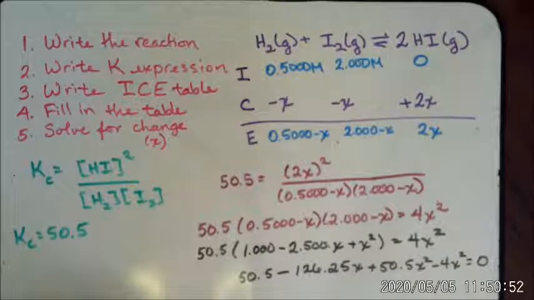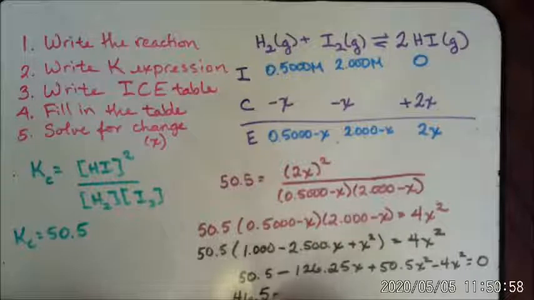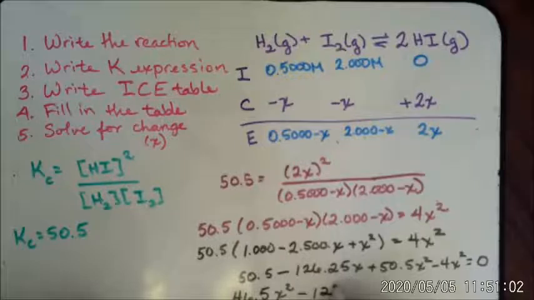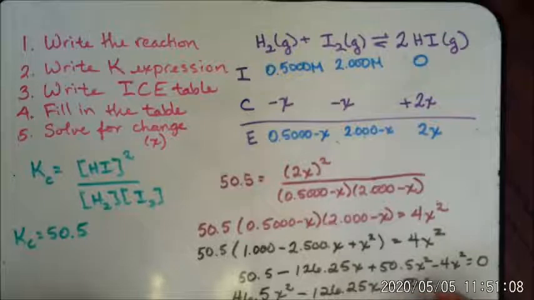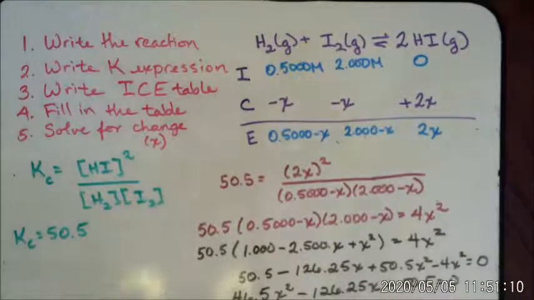So let me rewrite this. This is 46.5x squared minus 126.25x plus 50.5 is equal to 0.